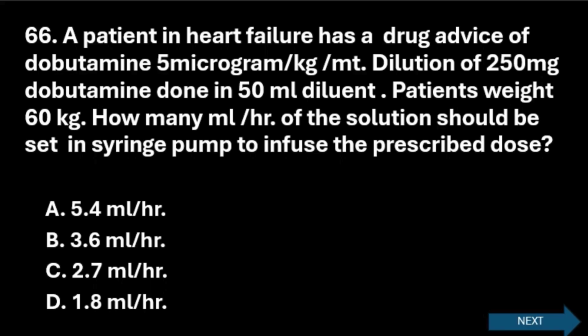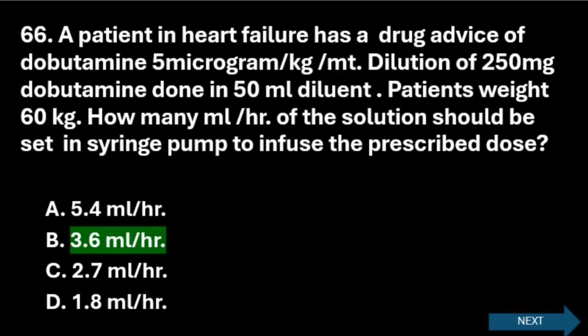Option B, 3.6 ml per hour. Option C, 2.7 ml per hour. Option D, 1.8 ml per hour. Here again, if you need additional time, pause the screen, do the calculation, fix your answer and then go to the right answer. The right answer here is option B, 3.6 ml per hour.